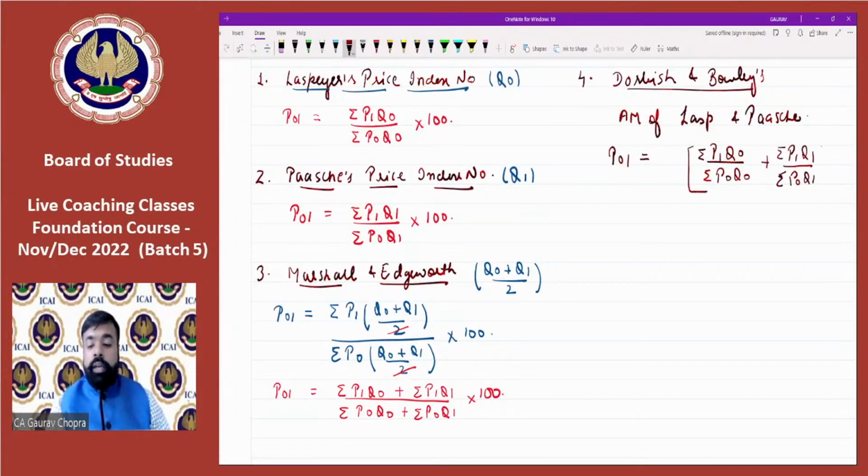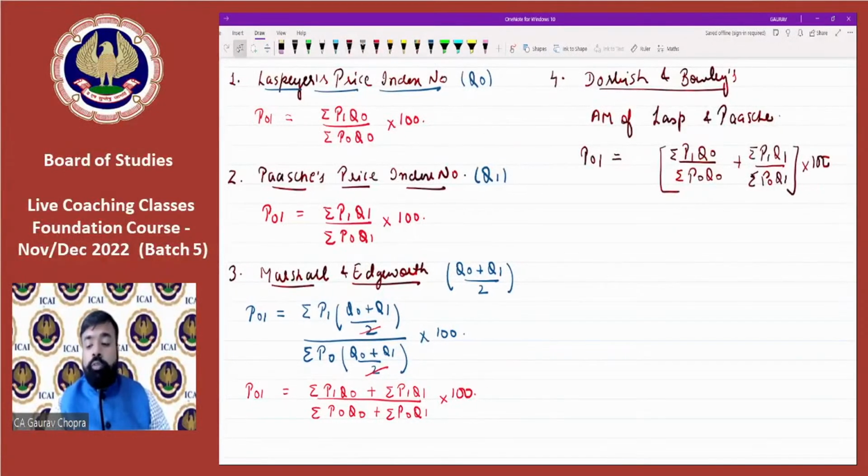We can take 100 as common. Now for average we have to divide by 2. So this is half. So in short, we can write (L plus P) upon 2, L is for Laspeyres, P for Paasche, divided by 2. So this becomes the formula for Dorbish and Bowley.